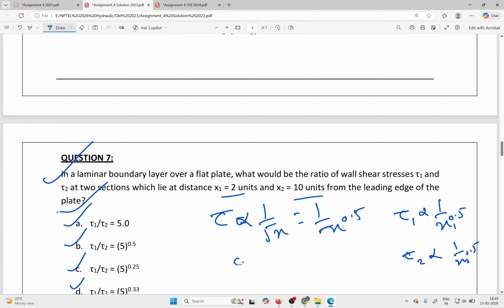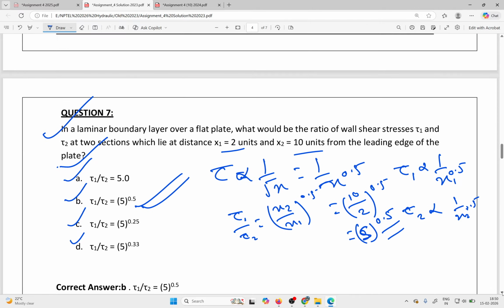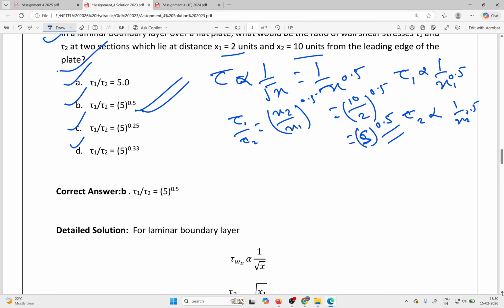Now tau 1 divided by tau 2 is x2 divided by x1, power 0.5. So x2 is 10, x1 is 2. So here is 5 to the power 0.5. So option B is correct. Remember please, option B is correct for this question. Next.